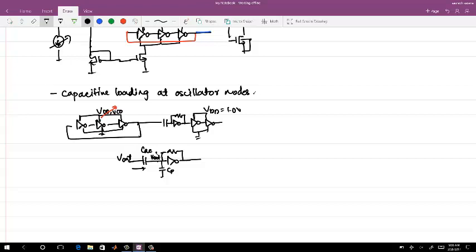If the resistance is very small, which you need for some coupling, then effectively I am connecting something like this, which is actually shorting the gate and the drain, putting the inverter in a saturation region. You will see a lot of power consumption. And if you're operating at a very high frequency, the power consumption will be large.